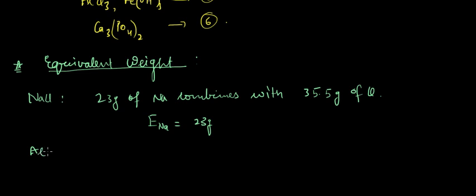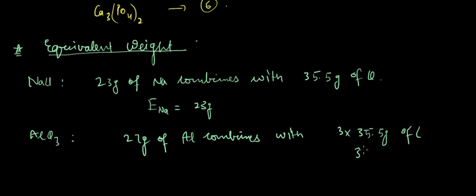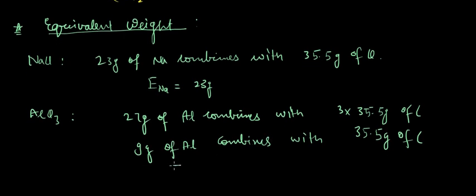If we talk about AlCl3, then 27 grams of aluminium combines with 3 into 35.5 grams of chlorine. Hence 35.5 grams of chlorine actually combines with 27 by 3, or 9 grams of aluminium. Hence the equivalent weight of aluminium here would be 9 grams.